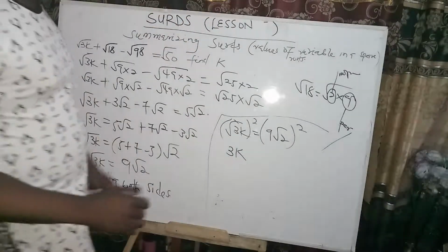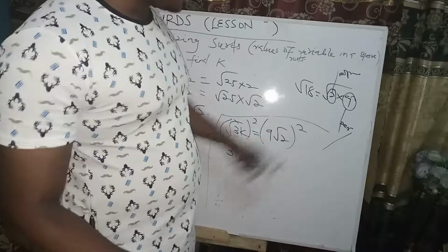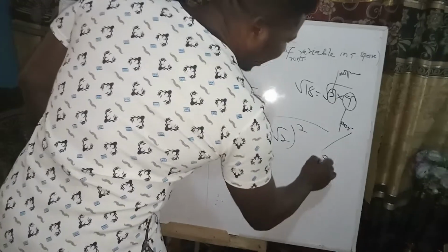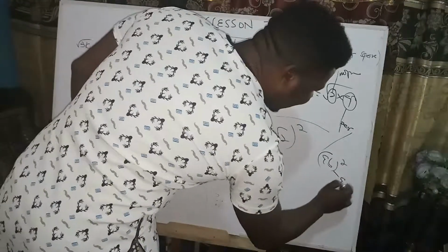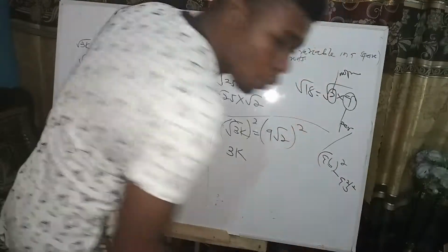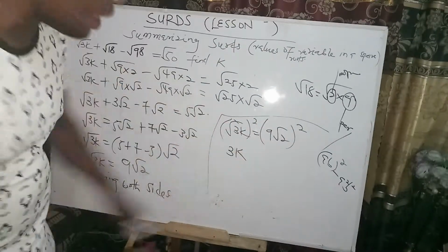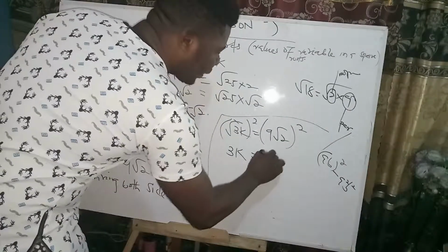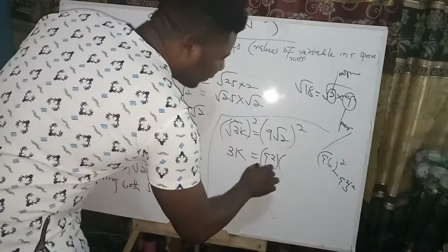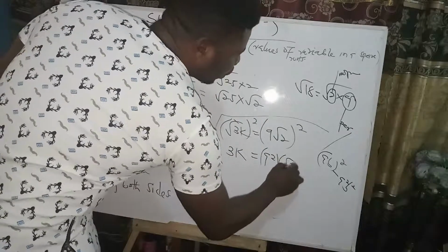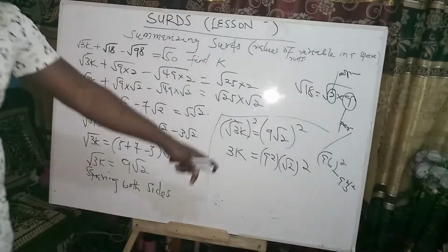Since I have a square on the right side, if I have AB all in brackets to the exponent 2, it means A squared times B squared. That is what is happening here.